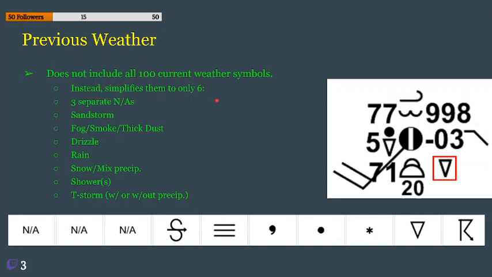But there are 3 separate N/A ones. Your first one is sandstorm. Your second one here is your fog or smoke or thick dust. You have your drizzle, rain, snow, showers, and thunderstorms. And also, a note here is that it will be the most significant that has happened within the past 3 hours.